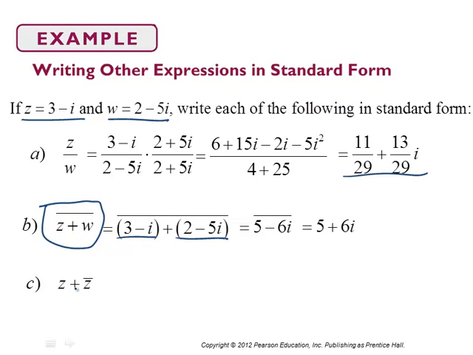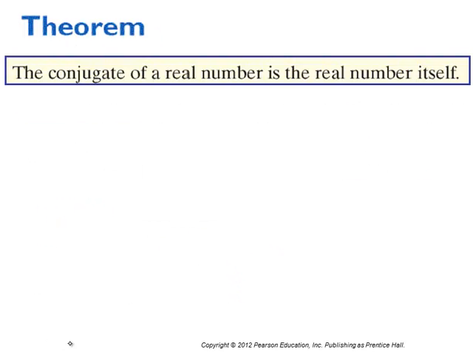Now for part C, we're going to take z plus its conjugate. When you take a complex number plus its conjugate, the imaginary parts cancel each other out, and you have twice the real part. The conjugate of a real number is the real number itself.